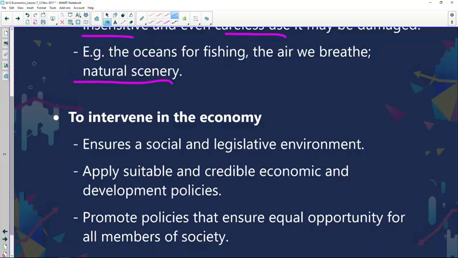Also, they play an important role when it comes to intervening in the economy. So they intervene in the economy by ensuring a social or a legislative environment.